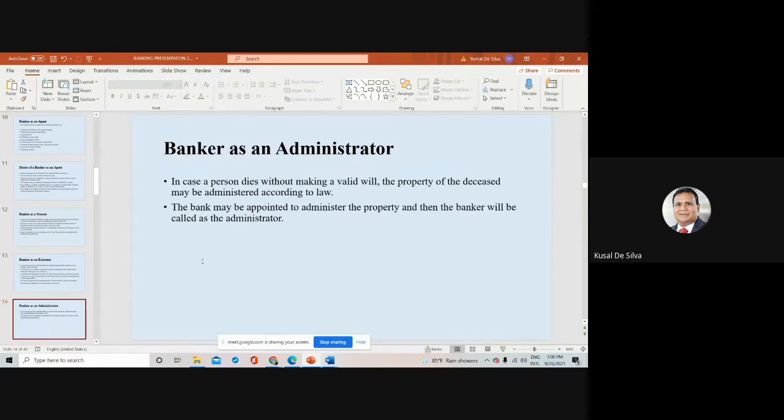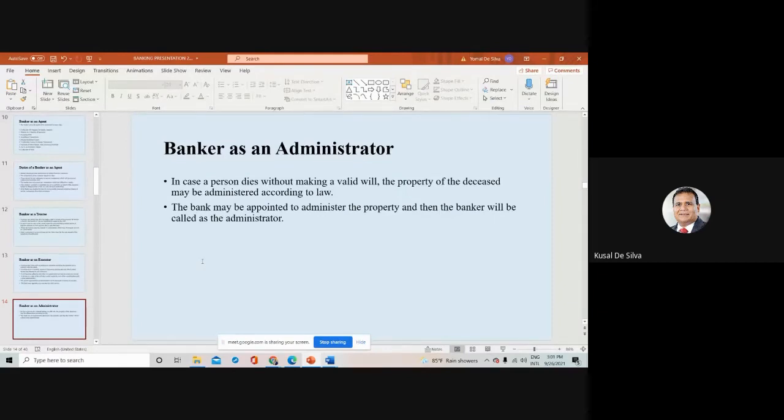So you need to understand the word executor or administrator comes from the last will, whether the last will is there or not. If the last will is available and it is proved, the court will appoint an executor.